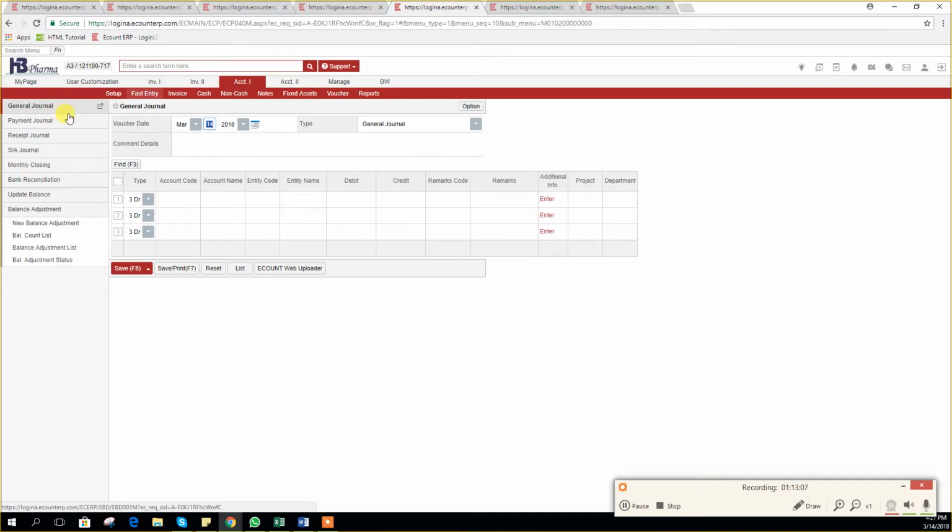Another example is depreciation. You buy a car, and then it decreases in value. There is no cash coming out of your bank. So you must record it in the general journal, depreciation account, right? It has nothing to do with cash.